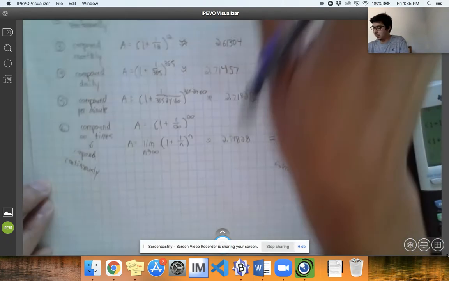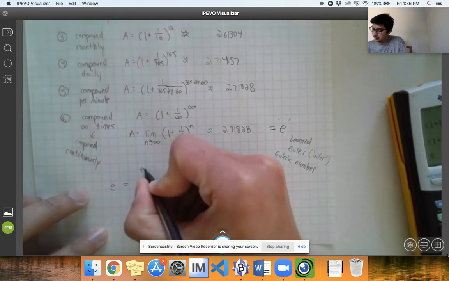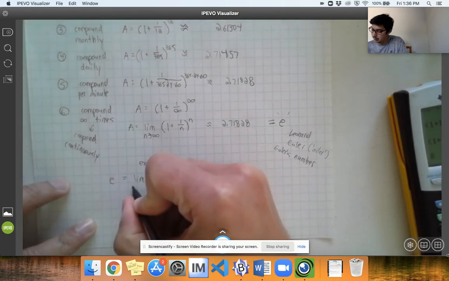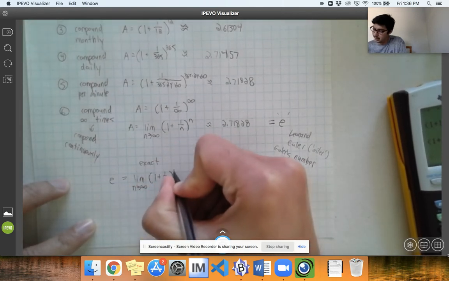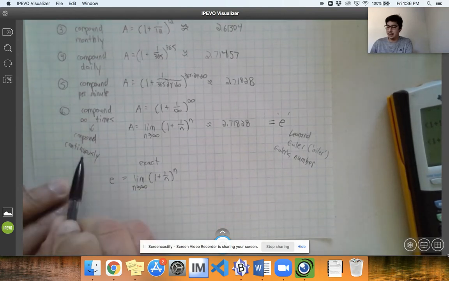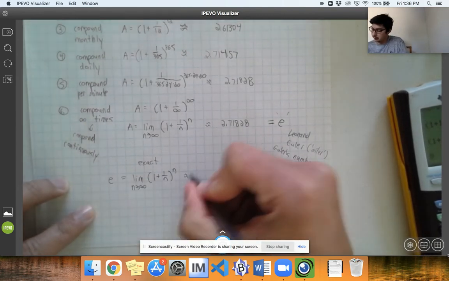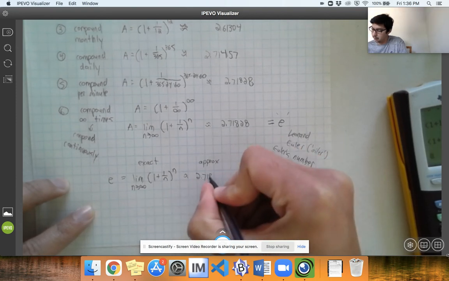So that is what E is. It's the limit as n approaches infinity of 1 plus 1 over n to the n. The idea of compounding continuously or infinitely many times. Now, approximately, it's the number 2.71828.